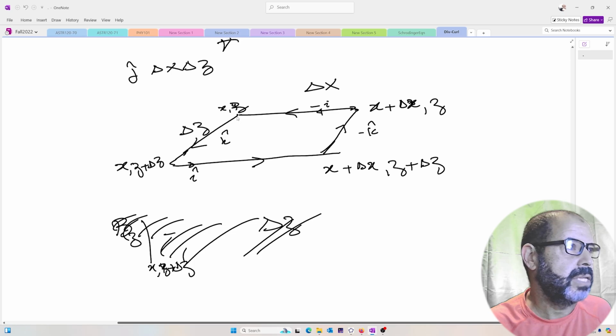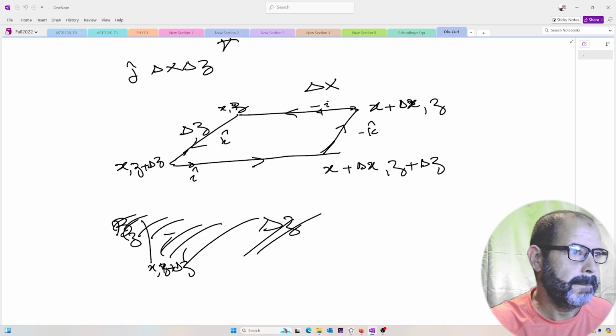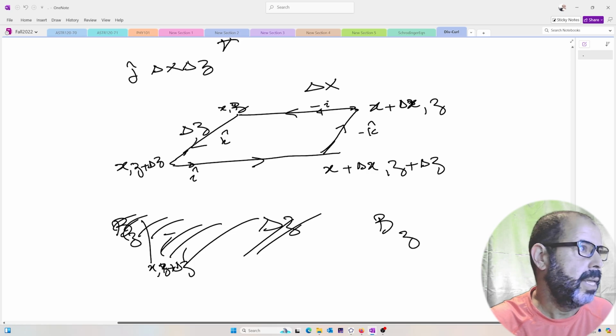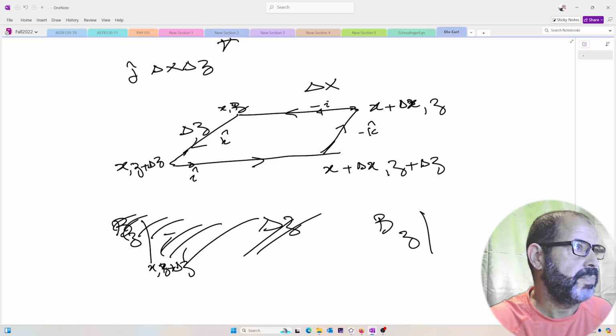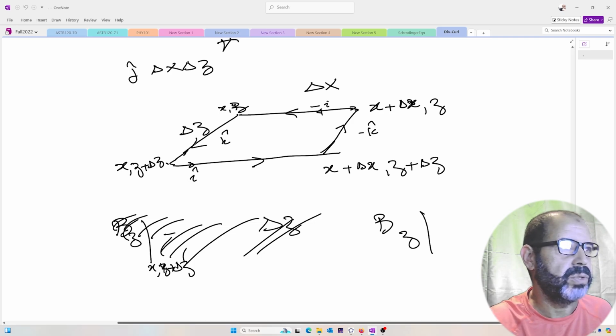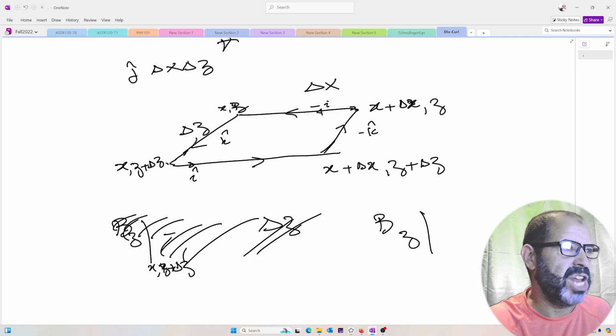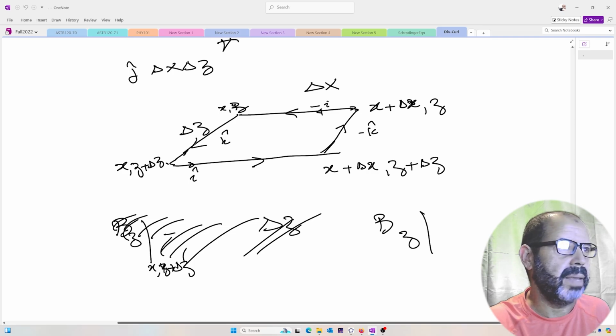And it's bz evaluated at, in this case, x and z plus delta z, and x and z, so the x is shifted when we go from here to here, okay? That's the only thing that we need to keep tabs on. So the x changes from x to x plus delta x, and the z stays the same.